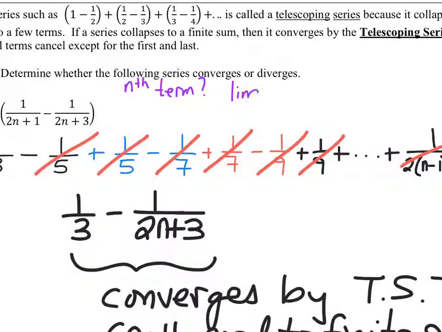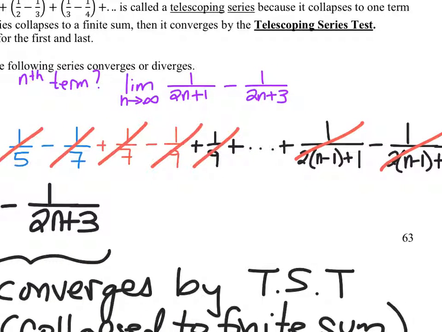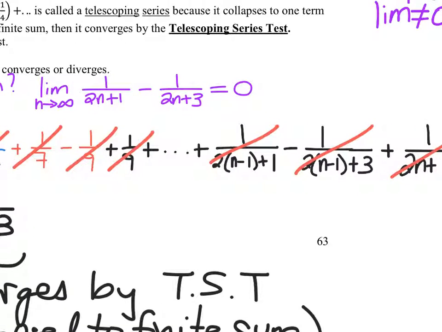If you find the limit as n approaches infinity of all this business, you're in for a little bit of a rude awakening. The result would be equal to 0, because you'd have 1 over infinity minus 1 over infinity. 0 minus 0 is 0. That's the worst possible outcome when it comes to the nth term test. That's telling us it's inconclusive.